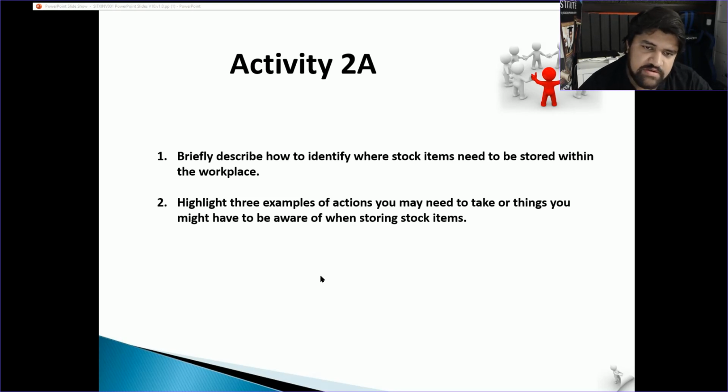Also, we're looking at the spacing that you have. If you've got a shelf that might not hold a specific bottle or a specific quantity of items, you need to now think about, okay, how do I rectify this situation? Where can I put it that's the same space? How can I do it? Maybe you have to break it down, open up the packaging and then create your own packaging.